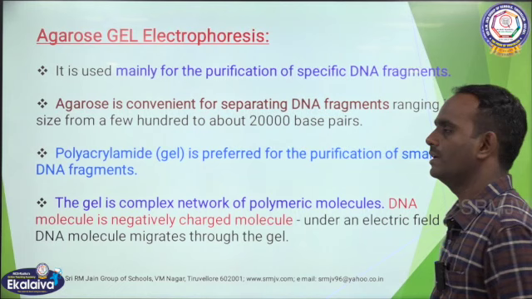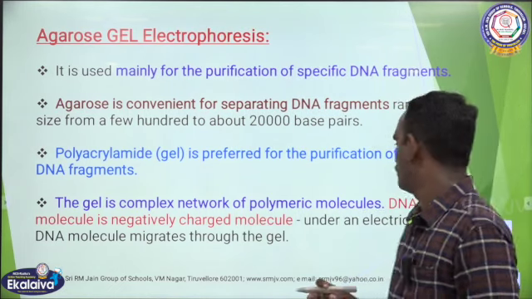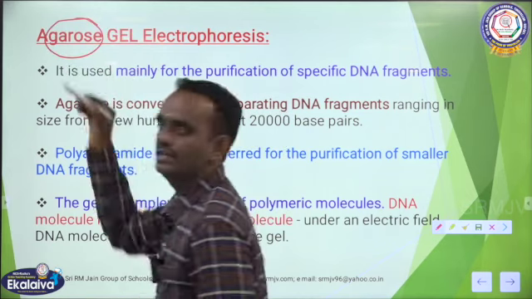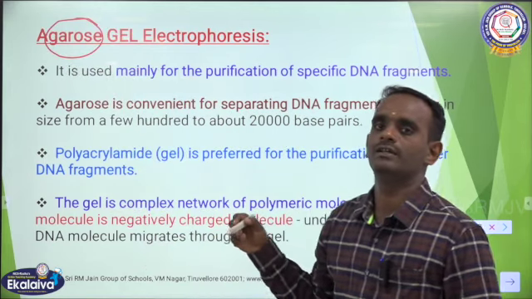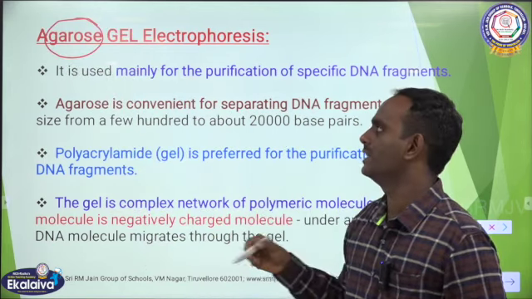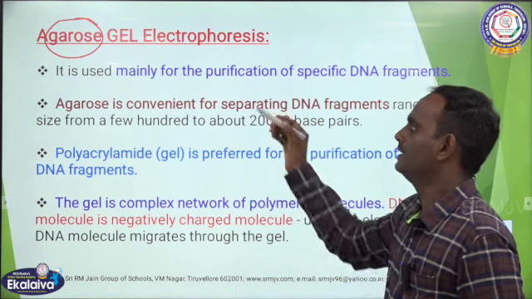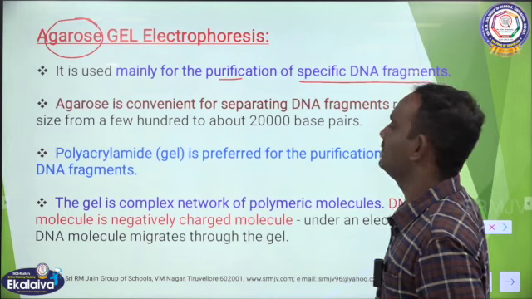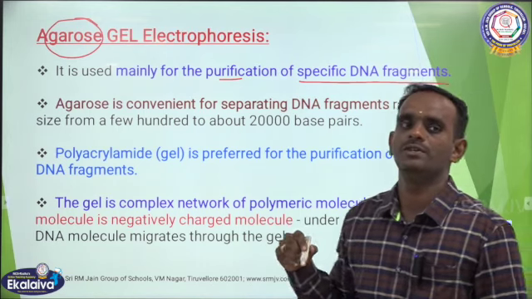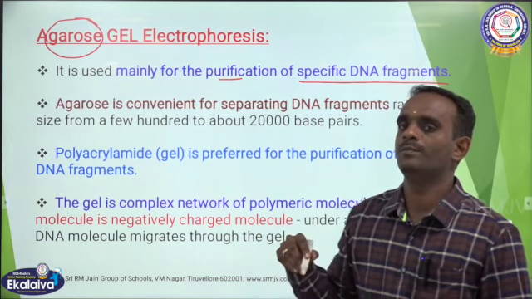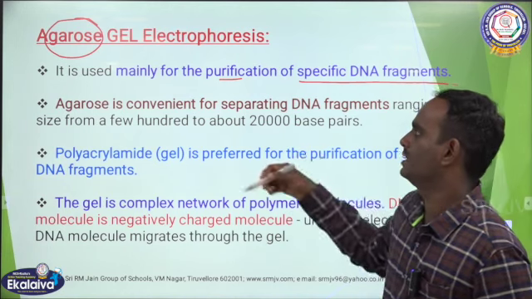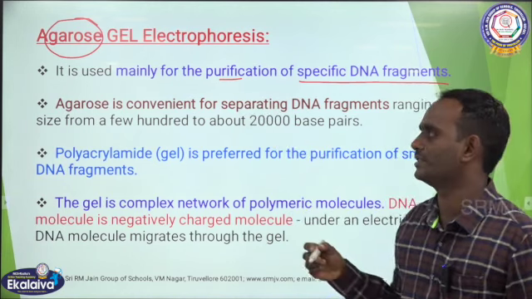So, the first one is agarose gel electrophoresis. Here the gel you are using is agarose gel, so it is called agarose gel electrophoresis. It is mainly used for the purification of specific DNA fragments. So, if we want to purify specific DNA fragments, we go for agarose gel electrophoresis.